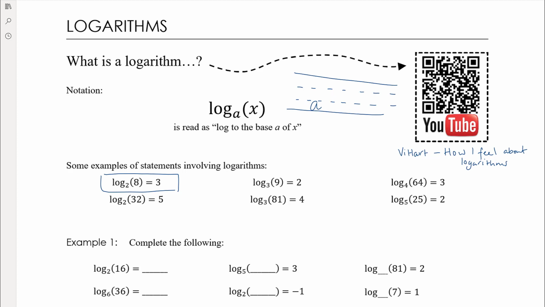The word log, the abbreviation of logarithm, you write as a word. The base a is a subscript, so that is written in a smaller font below the word log, but the thing that's in the log is the same size text as the word log. So log base a of x, log base 2 of 8, for example. You could even write the 8 as tall as the L if you want.